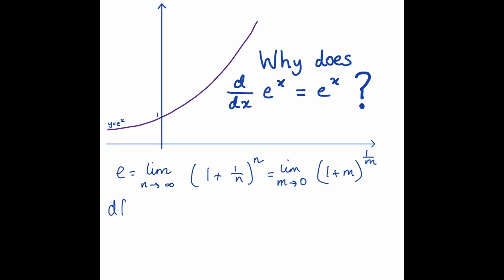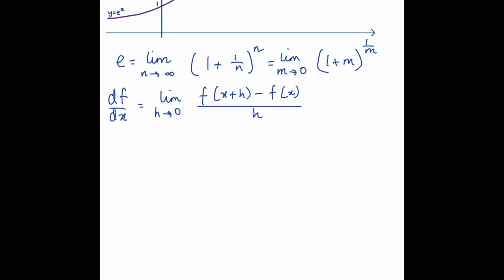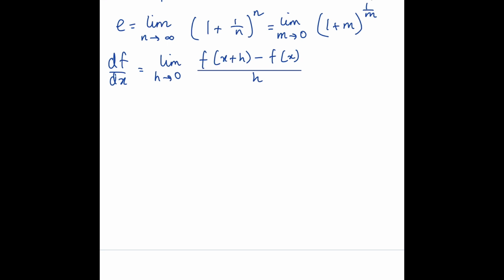The derivative from first principles will be the limit as h tends to 0 of f of x plus h minus f of x over h. So, now that we've got those out of the way, let's start proving this result.